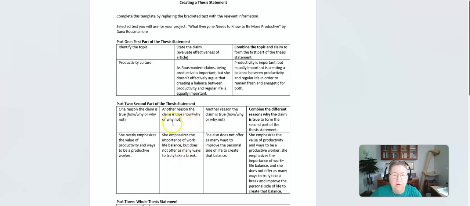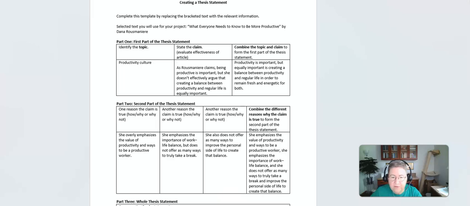For just a moment, I want to look at the second part of the thesis statement, the reasons, because that's probably the most challenging thing for you to come up with at this point as you're starting to think about evaluation. So the directive is one reason the claim is true, how, why, or why not. You're going to be making a claim about the particular article that you've written.